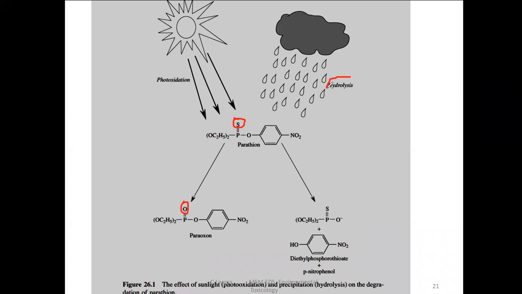And then the same compound undergoes hydrolysis, where this part is sliced out and we have OH, and this one also will have its structure drawn like that. So we may have the same compound that undergoes more than one abiotic chemical transformation. That's what this point was talking about.